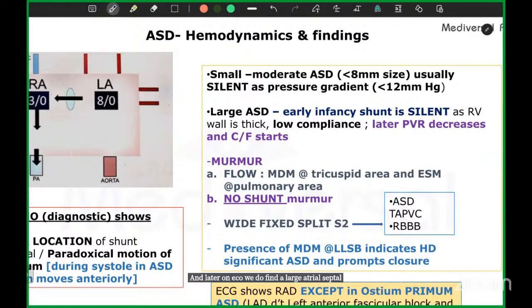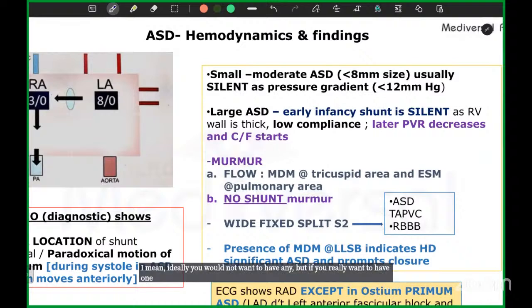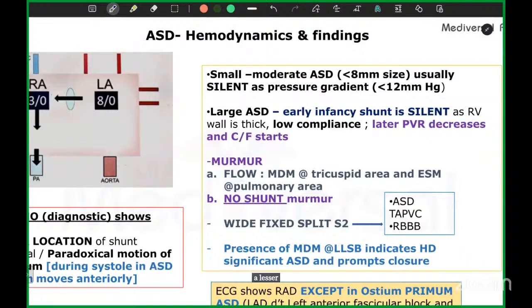So if you're asked what is one congenital heart disease that you would want to have, ideally you would not want to have any, but if you really want to have one, it's better you get an ASD, because it usually stays very silent, you start manifesting by the age of 20 to 40, and it's also a relatively less notorious disease than the other diseases that we will usually talk of in the flow of the discussion.